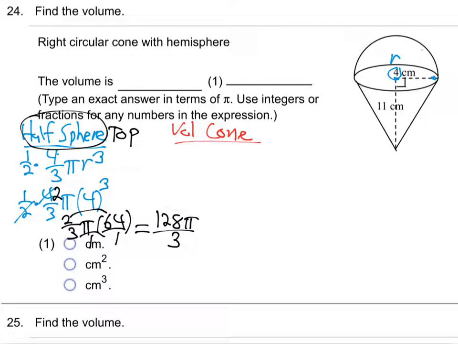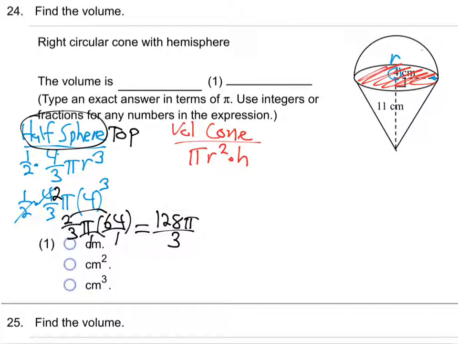Now, what's the volume of the cone? Well, volume formulas are actually easier than surface area formulas. Volume formulas are pretty straight ahead. The volume formulas are basically the base times the height. So for the cone, what is the base? It's a circle. So that's pi r squared times the height of the cone.